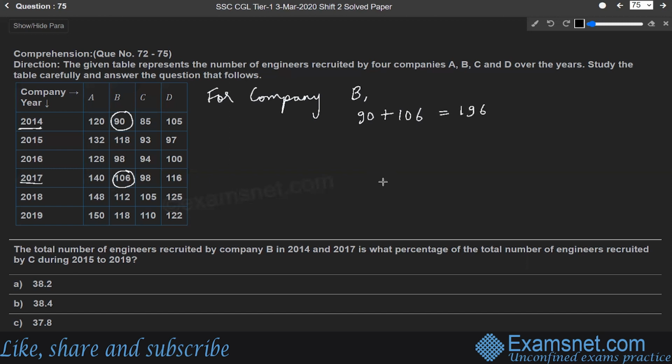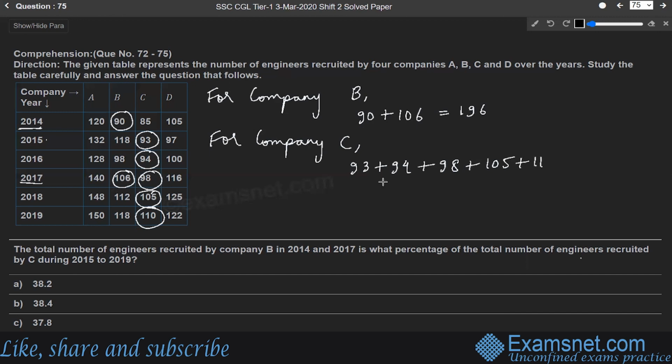Similarly, let us find the total number of engineers recruited by company C during 2015 to 2019. So for company C, the engineers recruited from 2015 to 2019 are 93, 94, 98, 105 and 110. So its total will be 93 plus 94 plus 98 plus 105 plus 110, which is equal to 500.